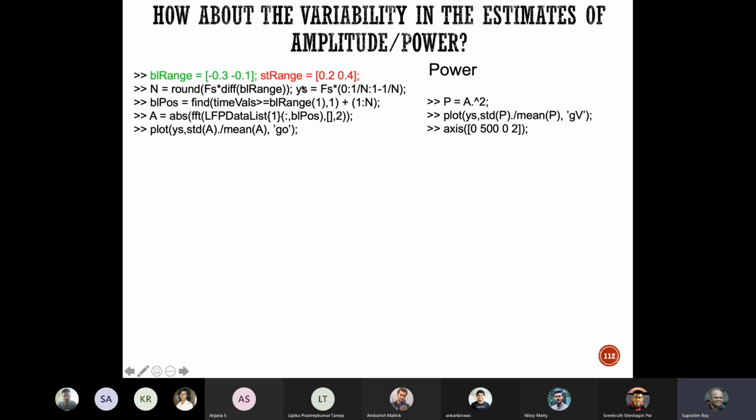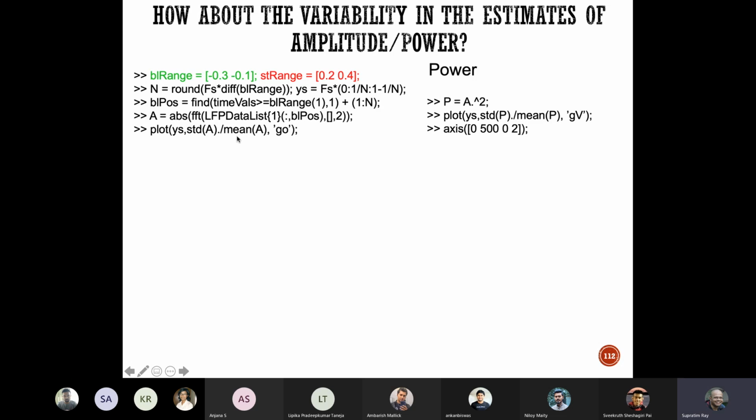So this is my baseline range and my stimulus range, and I'm computing the FFT of the signal. So I've got 76 trials. Remember, I've got 76 trials. So I'm computing the FFT of each trial, and I'm looking at the absolute value.